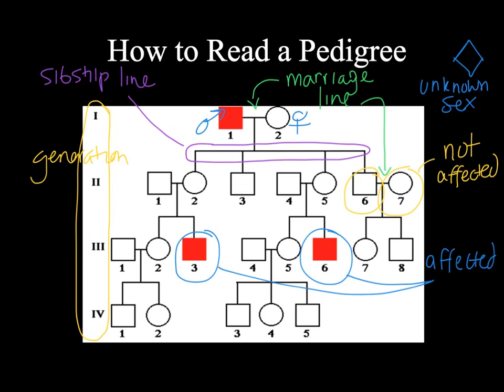You'll notice that number 4 is not connected to the original parents because number 4 has married into the family and has kids with child number 5. You'll also notice that happening with number 7 in the second generation, who is marrying into this family. She is not biologically related to people 1 and 2 in generation 1, nor is number 1.